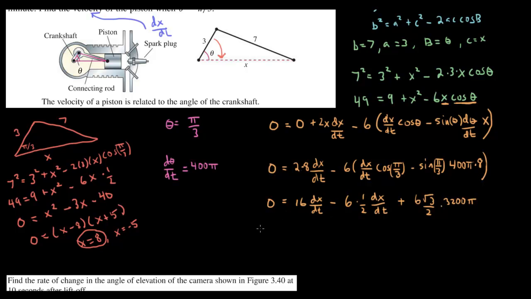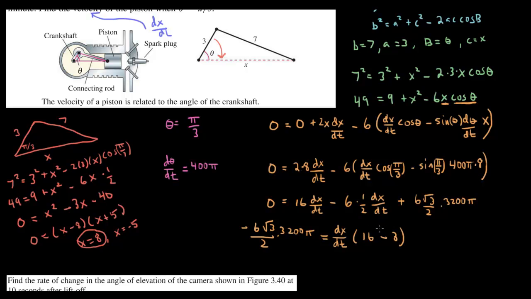So we could say that negative 6 root 3 over 2 times 3,200 pi equals, if I factor out a dx/dt on this right hand side, I'll have dx/dt times 16 minus 6 times 1/2, so 3.